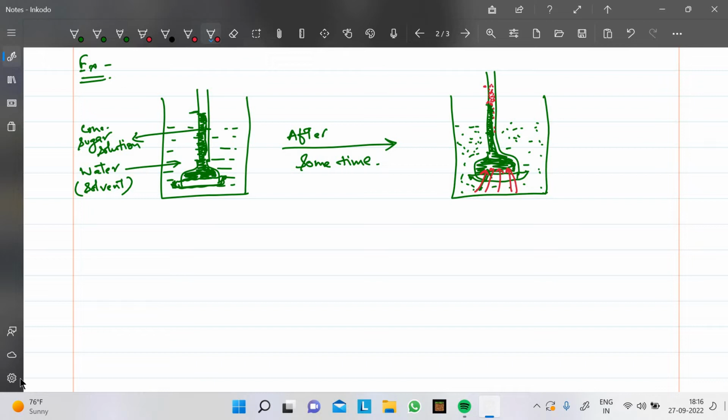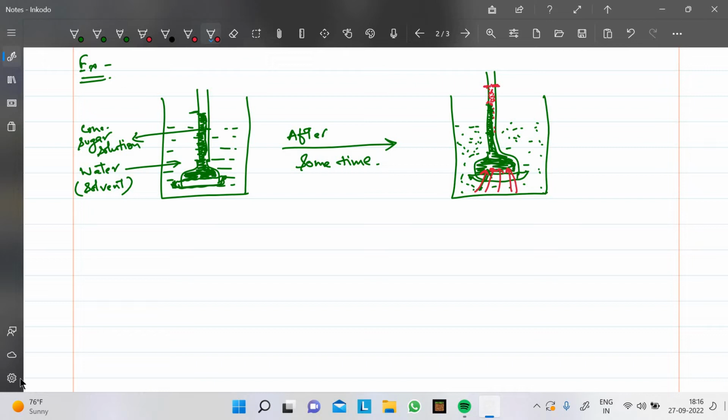Up to what time will the entry continue? Until the concentration of water molecules becomes equal outside and inside. After that what will happen? The movement of water molecules comes to a dynamic state of equilibrium. Means as many molecules as go from outside to inside will come from inside to outside. So the net movement becomes zero, and the level of sugar solution becomes stable.